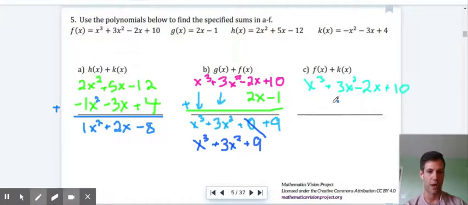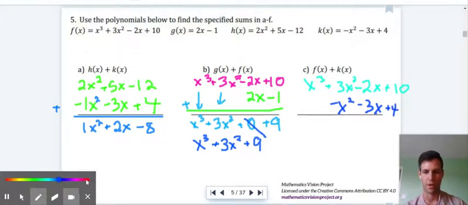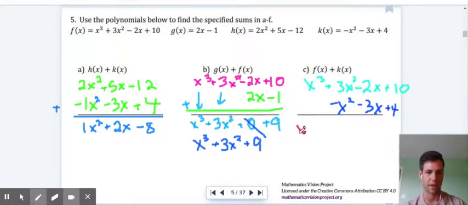So we can write negative x squared minus 3x plus 4. And we can just put all those together to get our answer of x cubed. And then we have 3 plus negative 1 is equal to 2x squared.